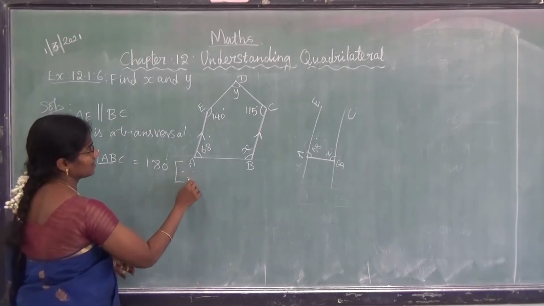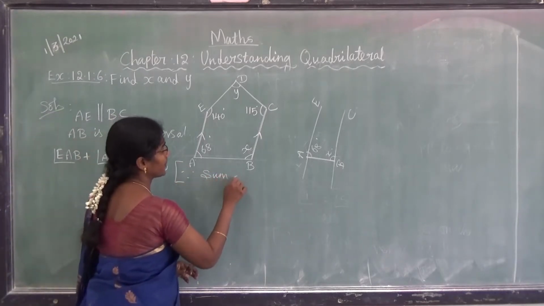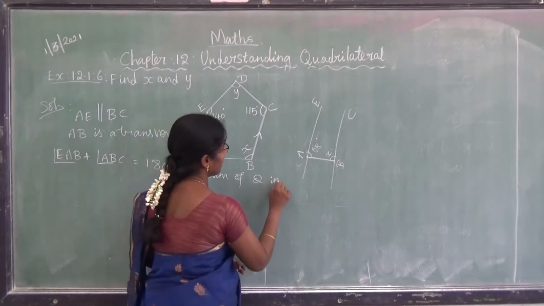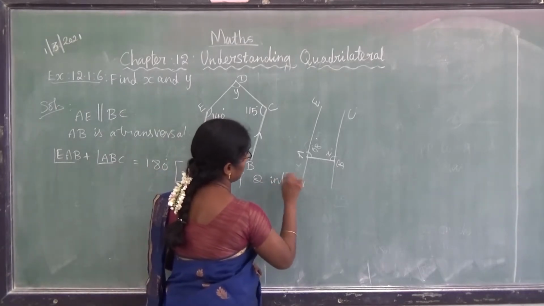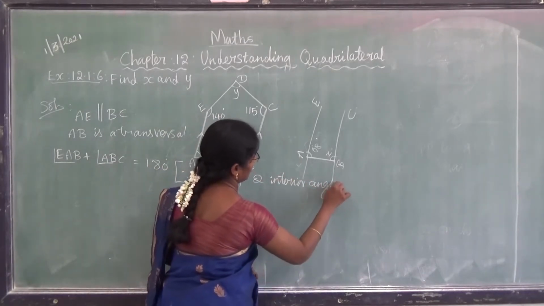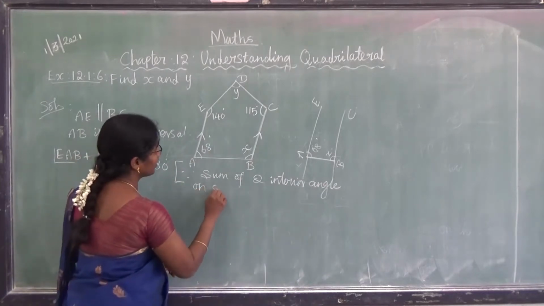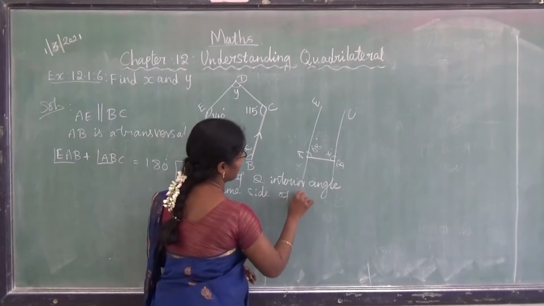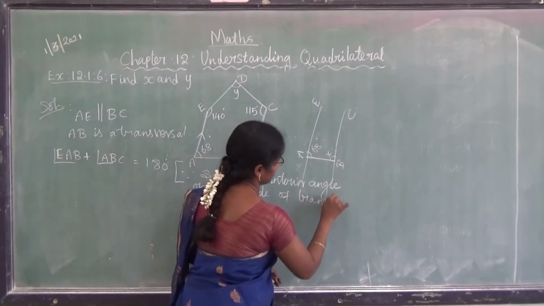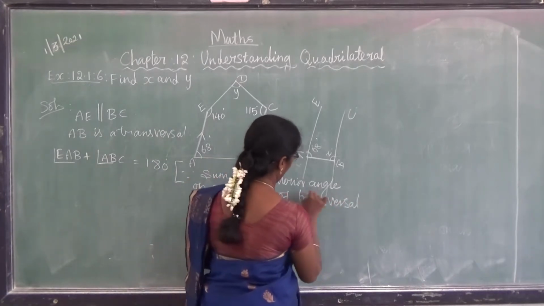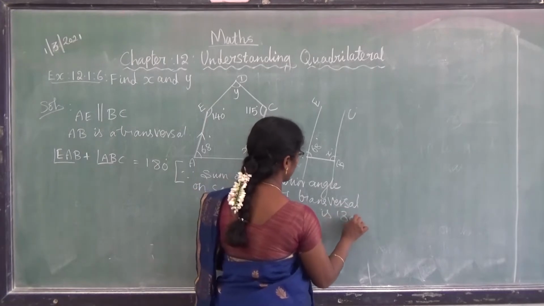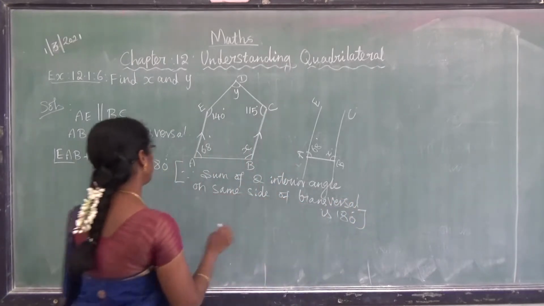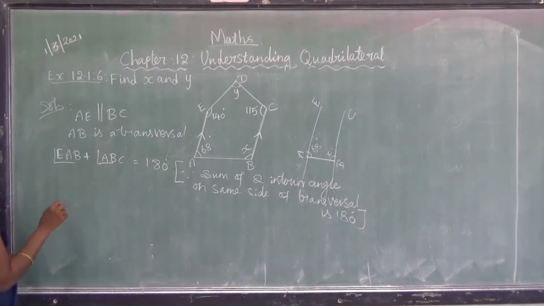The reason is the sum of two interior angles on the same side of the transversal is 180 degrees. By using that property, if we add these two angles, it must be equal to 180.